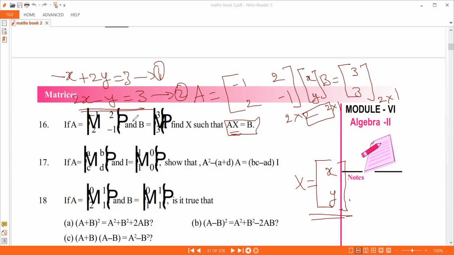Yeah, x is 1. So y is? Please check slowly. X is 1, so y has to be 2. No, wait. Check slowly. No problem, take your time.